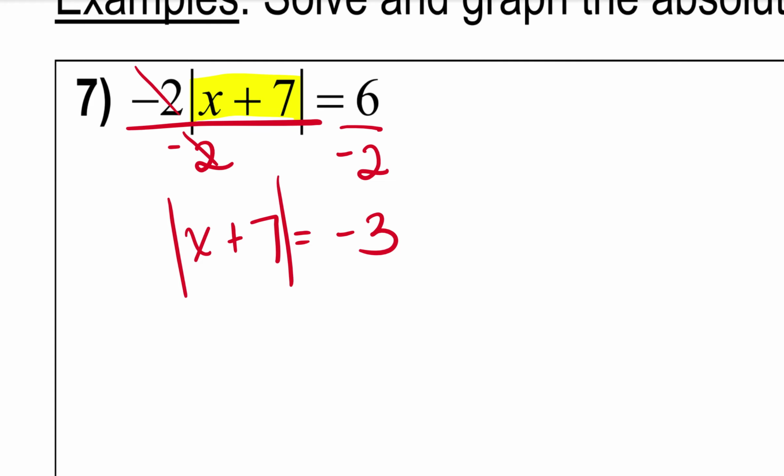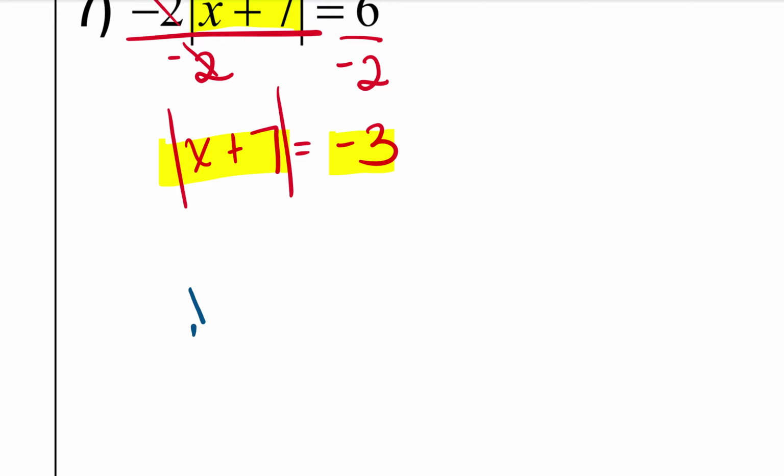Notice I have an absolute value equals a negative number. Now, if you know absolute values are always positive, which means there's never a chance this could ever equal a negative number. Because of that, we are going to have no solution.